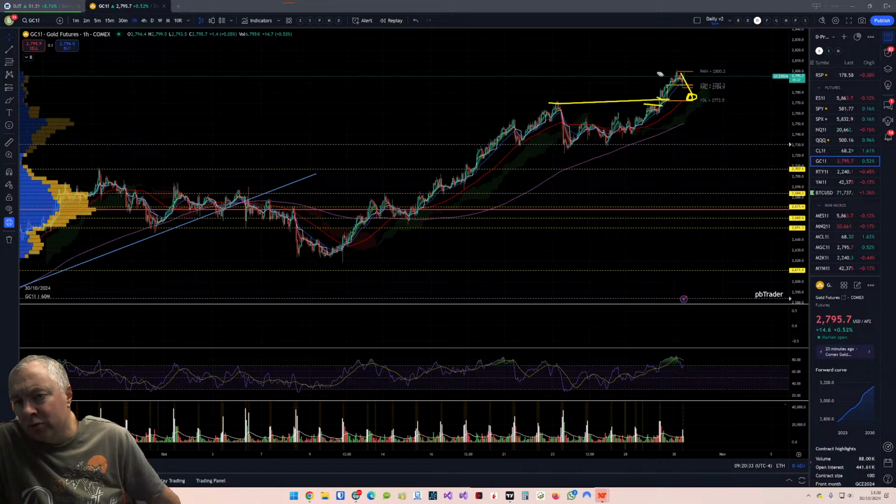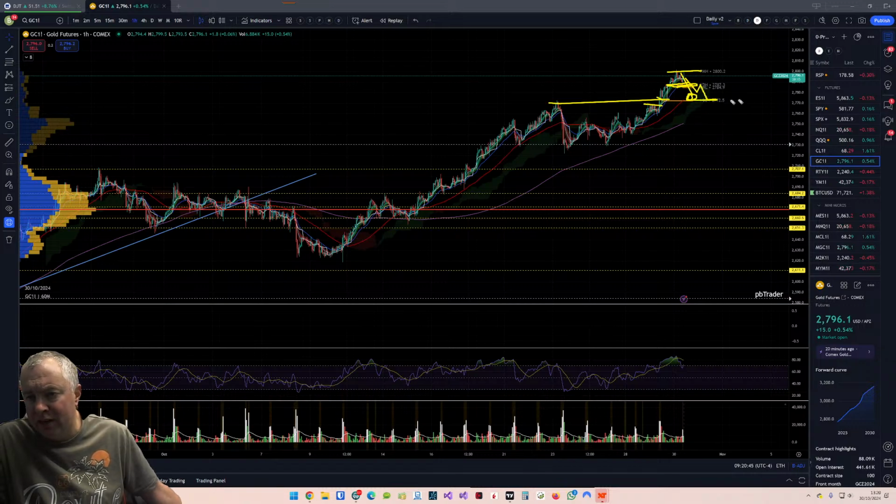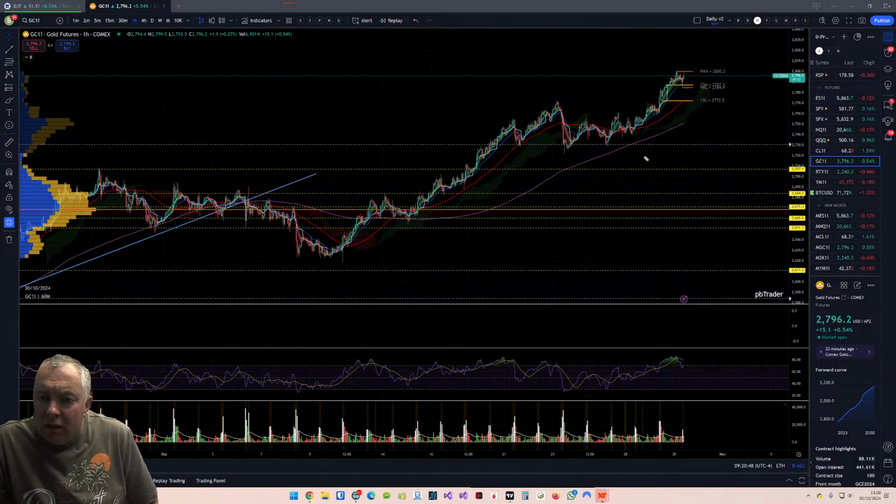It's hard to go long, but it's also hard to go short when it's so strong. Potentially, if we lose pre-market low, maybe we can watch on yesterday's high. If we lose it, we watch for a break and retest short into this area. And you could take a high risk on both break and retest long into new all-time highs. 2800 psychological number as well, so kind of see why it's hesitating around that area.